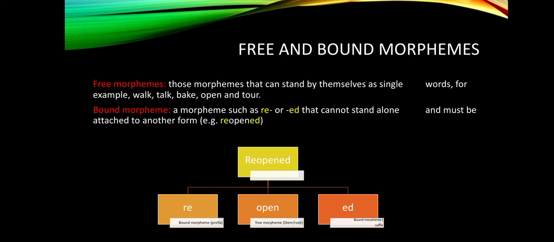Bound morphemes are those morphemes that cannot stand alone and must be attached to another morpheme to convey meaning, such as, for example, the prefix re, or the suffix ed. And in the word I have given here, reopened, you can see both the prefix re and the suffix ed are used with the free morpheme open. So we have one free morpheme, that is the stem, and then we have two bound morphemes, re and ed.